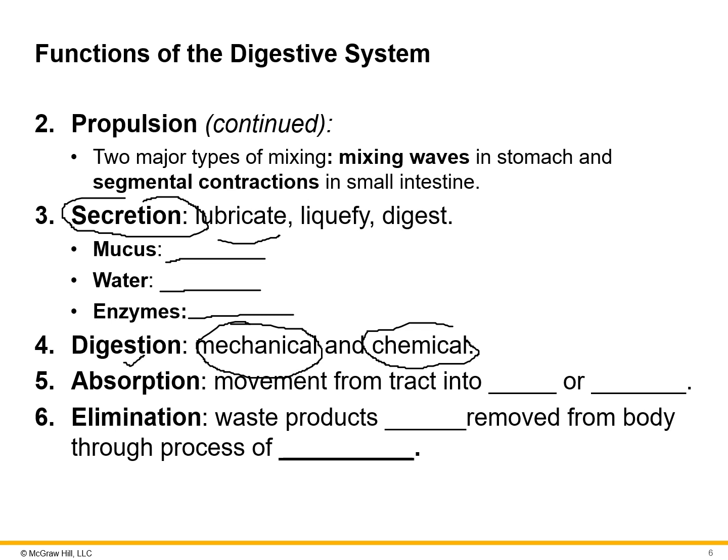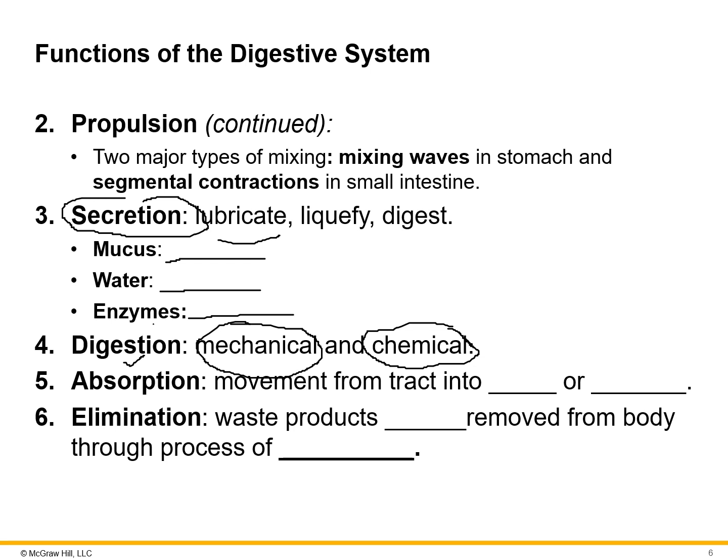The breakdown of a polysaccharide or complex sugar into monosaccharides is another example of chemical digestion. And enzymes that do this are essentially hydrolyzing these larger molecules into their smaller component molecules.